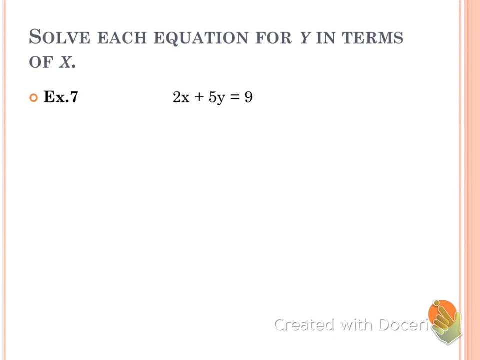We are still trying to get y all by itself. Our first step isn't going to be much different from what we were doing before. What do you think we should do? Subtract the 2x. We got to get that over. If we do it to one side, do it to the other side. That leaves us with 5y equals 9 minus 2x.